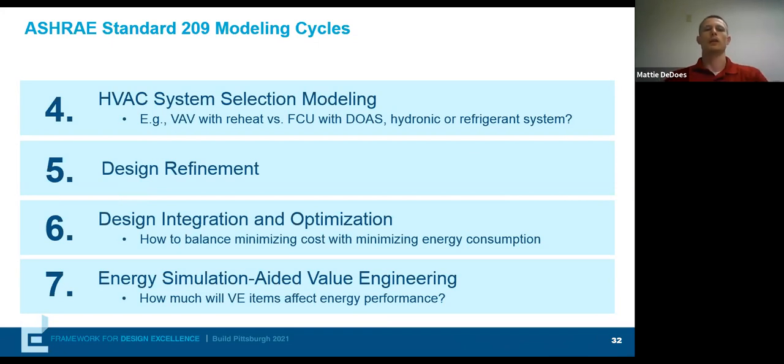Design refinement is where we hone in on the control sequences. Number 6 is one we're going to talk about the most today, and that's integration and optimization, which is really how to balance multiple things that we care about. How do we weigh our first cost against our energy consumption? And we could also use our energy model in number 7 to evaluate VE items.